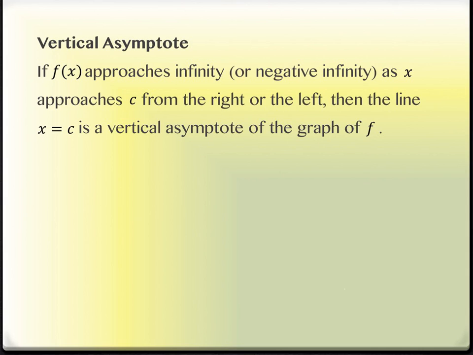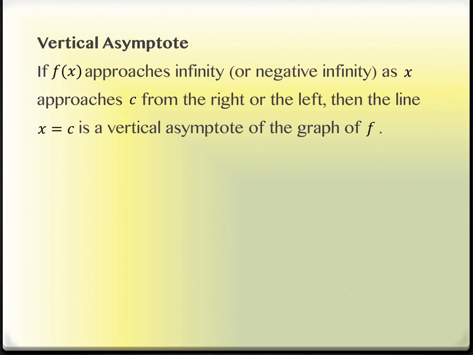Your calculator does not fill that in because it's actually something that we recognize as something we are not going to get close to. It's not a part of the actual graph. It's a bounding feature. As f of x approaches infinity or negative infinity, as x approaches c from the right or from the left, then the line x equals c is a vertical asymptote of the graph of f.